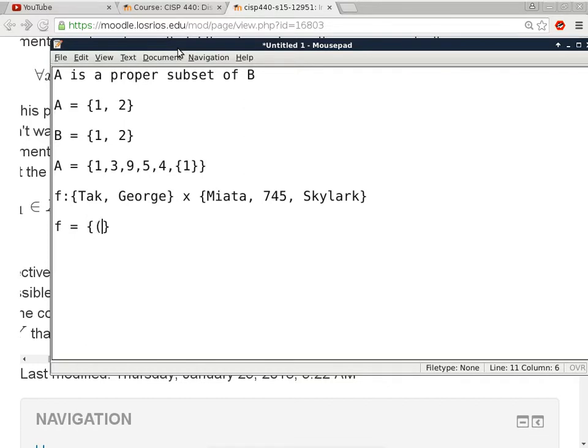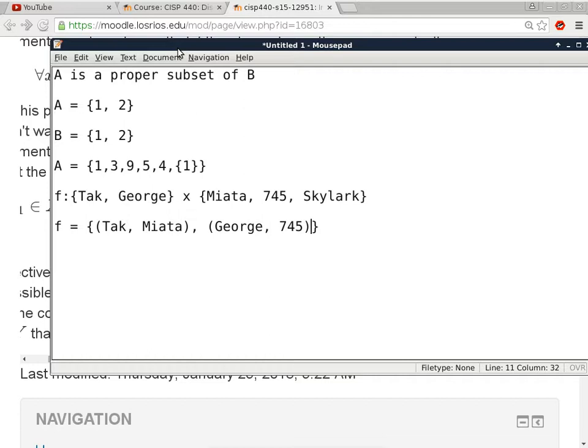In fact, it is a set of 2-tuples where the first one has to come from the domain and the second one has to come from the range or the codomain. So in this case, it will map me to Miata because I like Miata, and it will map George to 745 because he likes 745. And that will make an injective function because it meets all the requirements that we were talking about. Is that okay?